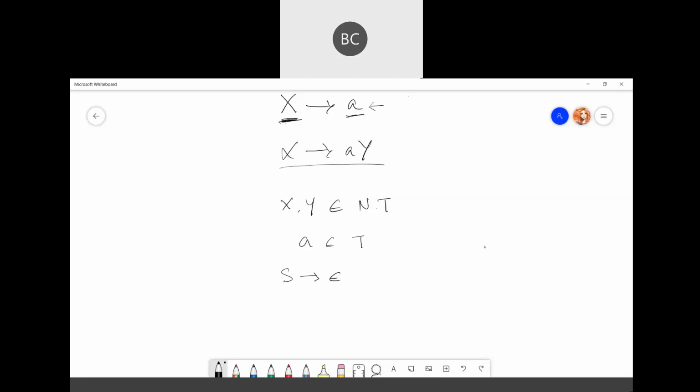But this is allowed only if S does not appear on the right side of any rule. So this is allowed if the starting symbol doesn't appear in the right hand side.